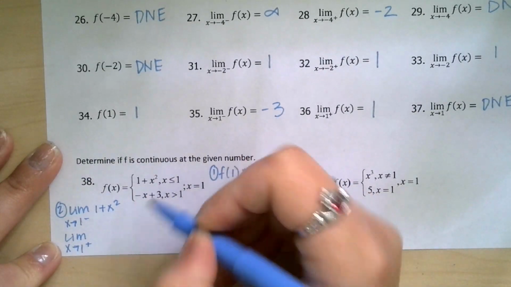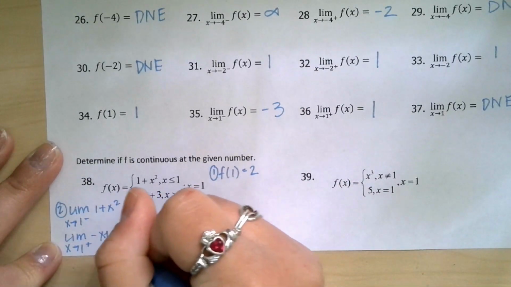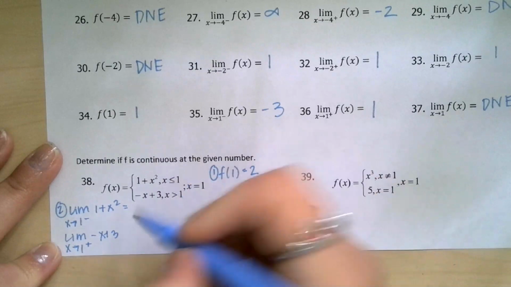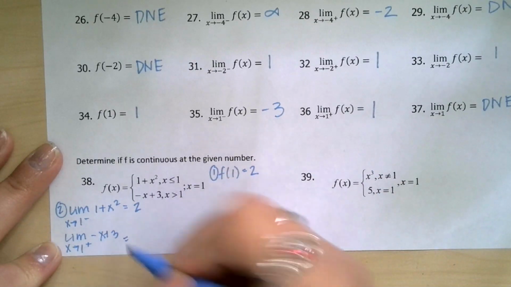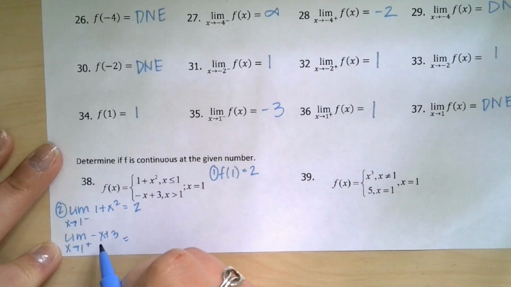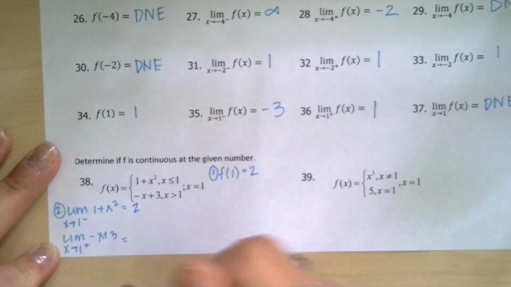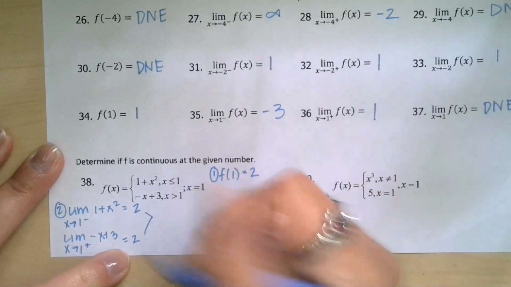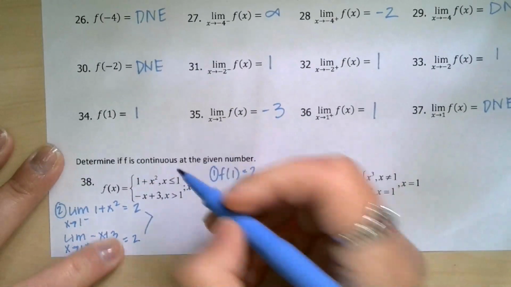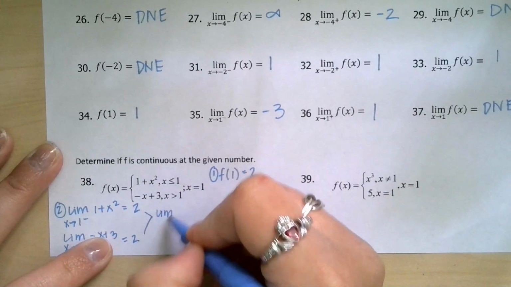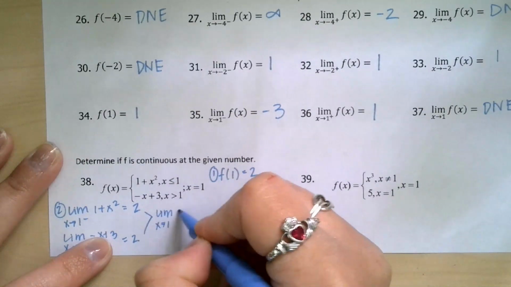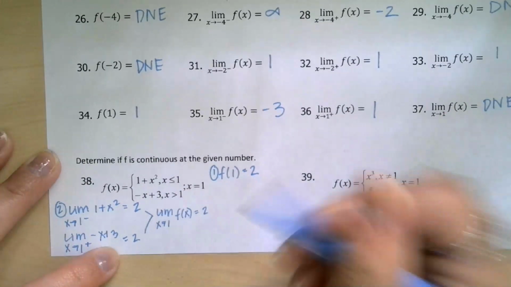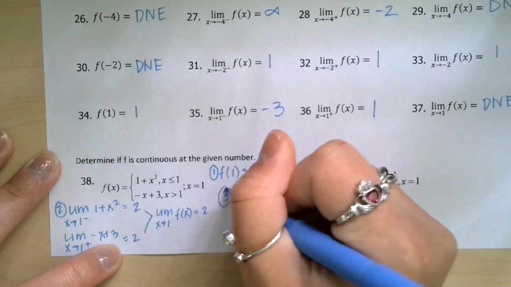We're going to use this bottom function, -x plus 3. And so when we substitute 1 up here, we get 1 plus 1 squared, again equaling 2. When we substitute 1 down here, we get -1 plus 3, which gives us 2. So this tells us, since these are the same value, that our limit as x approaches 1 of f of x equals 2.